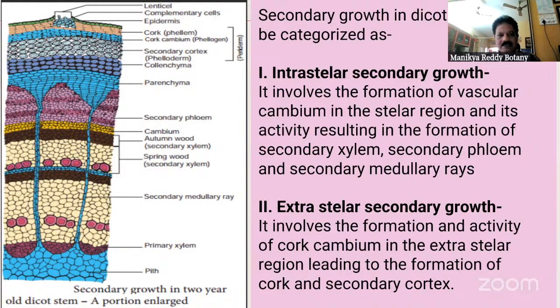That secondary protecting layer is formed due to extrastellar secondary growth. It is initiated in the outer cortex, because the epidermis is ruptured when the size of the stele increases due to intrastellar secondary growth.